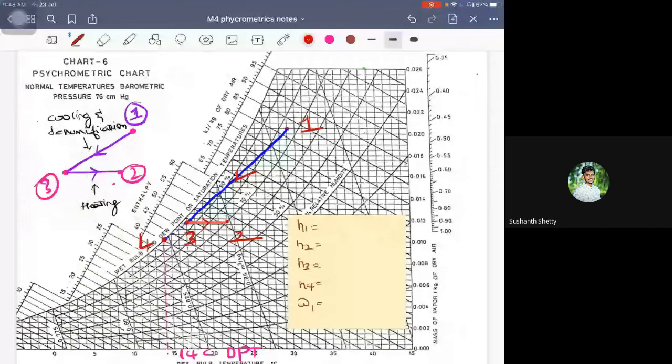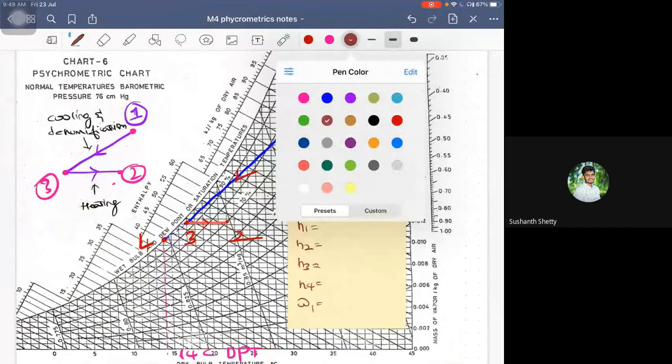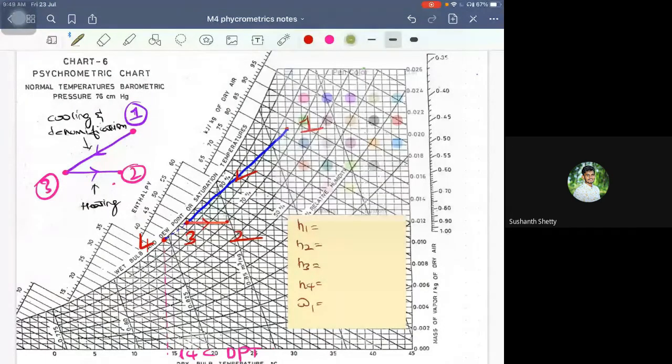All these values are enthalpy values. For that, you have to look for these lines, all these lines. Now, what you have to do is just draw a line parallel to the enthalpy lines. For example, I would use this color. I'm just drawing a parallel line to the enthalpy lines, just to calculate the values.